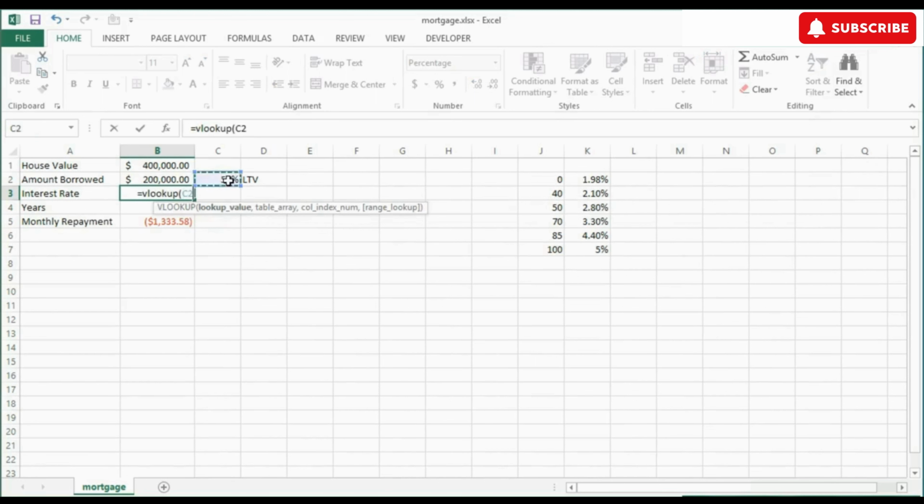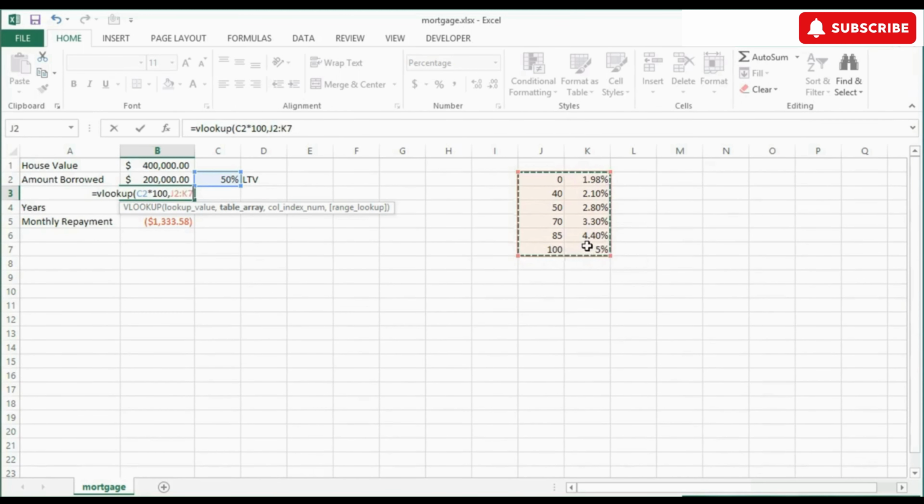I need to look up the LTV percentage here. Now the actual value in that cell is not 50%, it's 0.5, whereas my table contains full integers. So what I need to do to my C2 is actually multiply it by 100 to turn it into full integer value, comma. I then need to take that new value, which will now be 50 at the moment, across to my little table here.